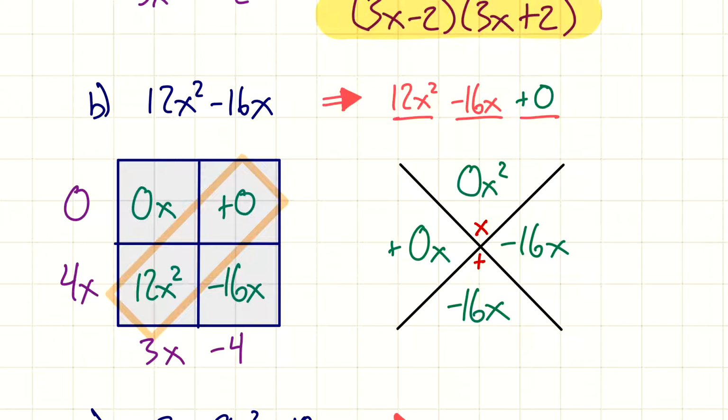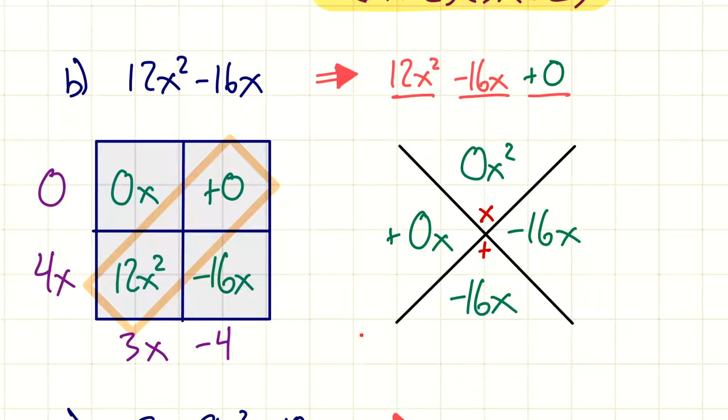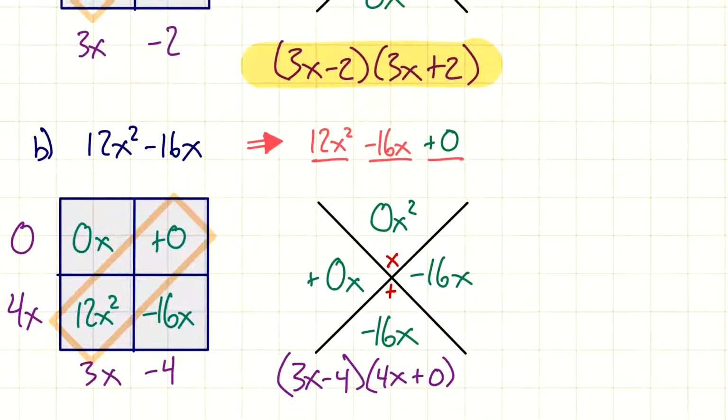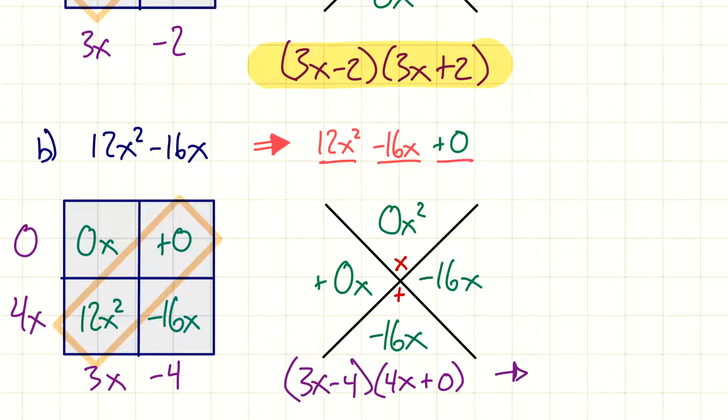So factored form is going to be 3x minus 4 and 4x. Since we don't really need the 0, I'll rewrite this so it looks like 4x times 3x minus 4. I think that looks better. Adding 0 doesn't do anything.